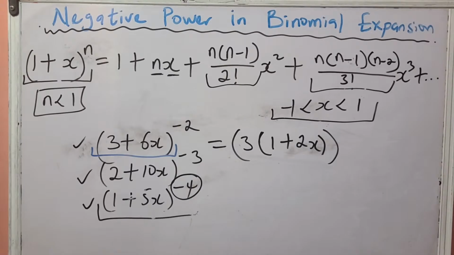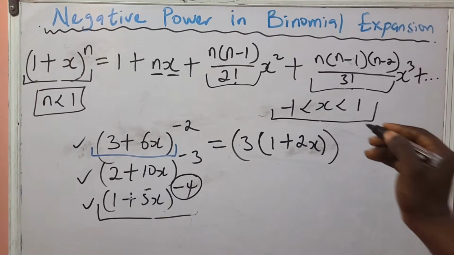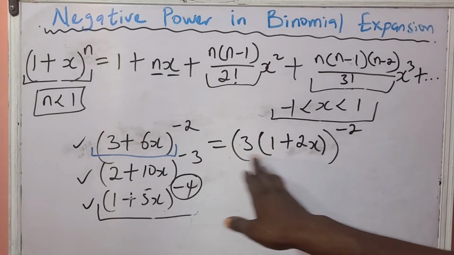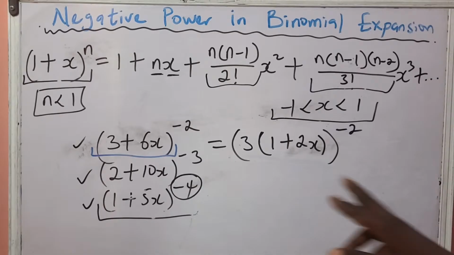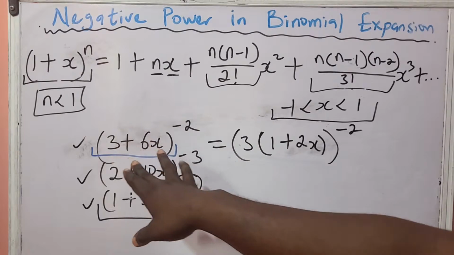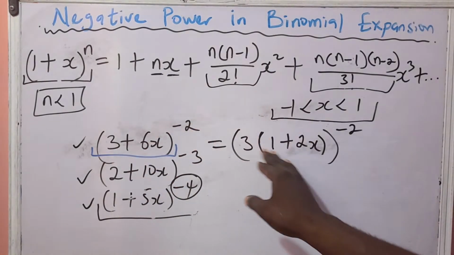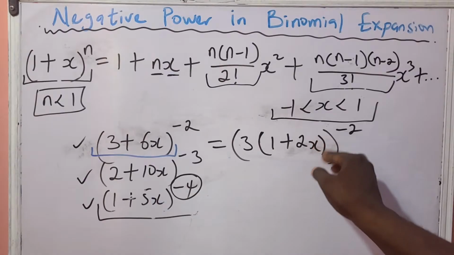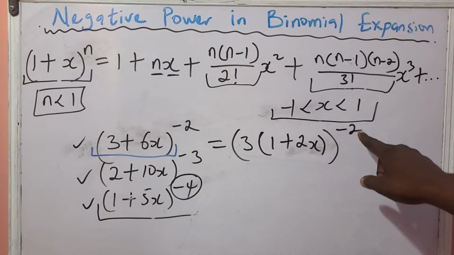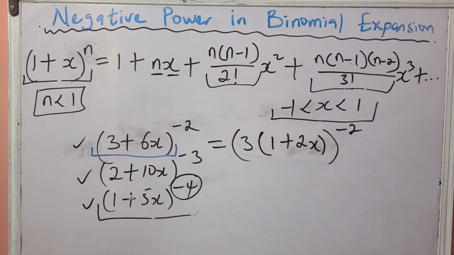Now, we can write raised to the power of -2, because this is now perfect. This and this are the same thing, because what you have inside this bigger bracket is the same thing as 3 plus 6x, which was what was raised to the power of -2. So putting all of it into a bracket, 1 plus 2x close bracket, and fixing raised to the power of -2, you have done a perfect job.